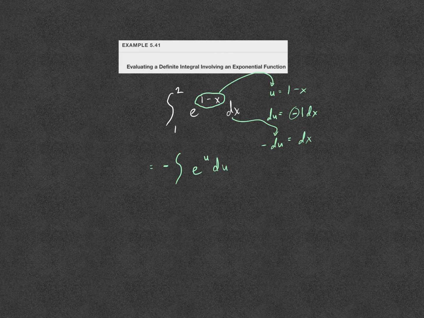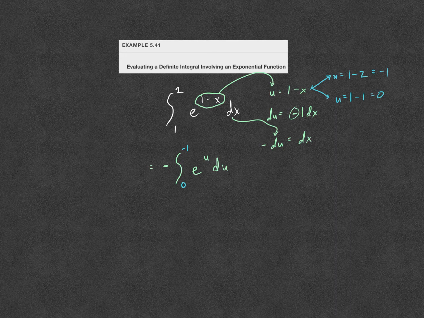I like to go up here and say that this is equal to, I'm going to take my top bound, u is equal to 1 minus 2, which is negative 1, and my bottom bound, u is equal to 1 minus 1, which is 0. So the 0 is on the bottom, the negative 1 is up top, which may look a little bit strange.